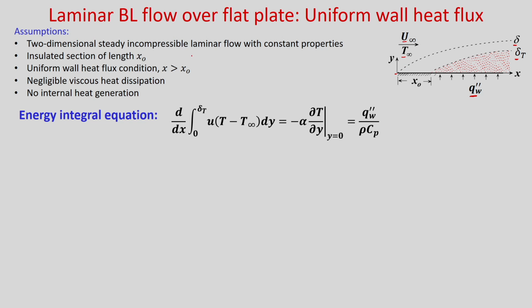So, these are the assumptions: two dimensional steady incompressible laminar flow with constant properties, insulated section of length x naught, uniform wall heat flux condition for x greater than x naught, negligible viscous heat dissipation and no internal heat generation. In the last class we have already derived the energy integral equation.